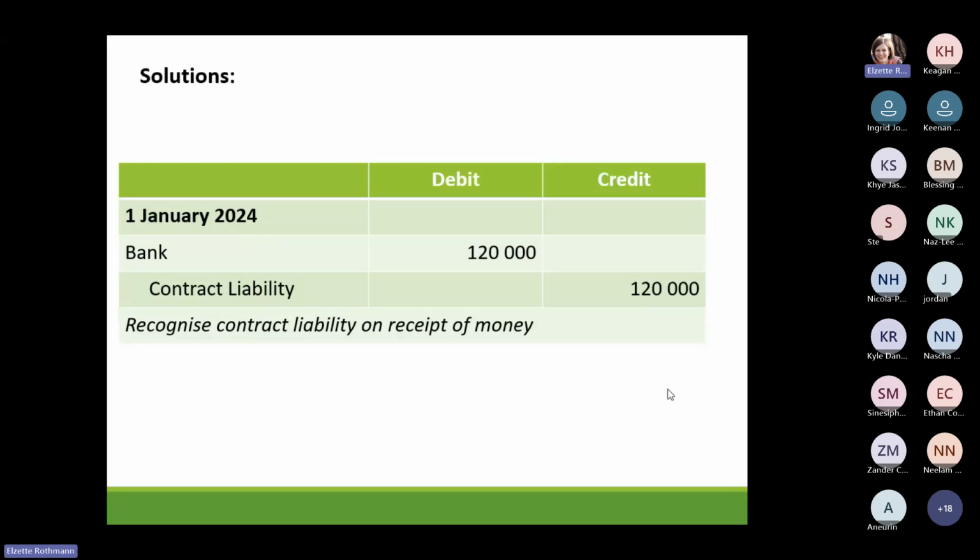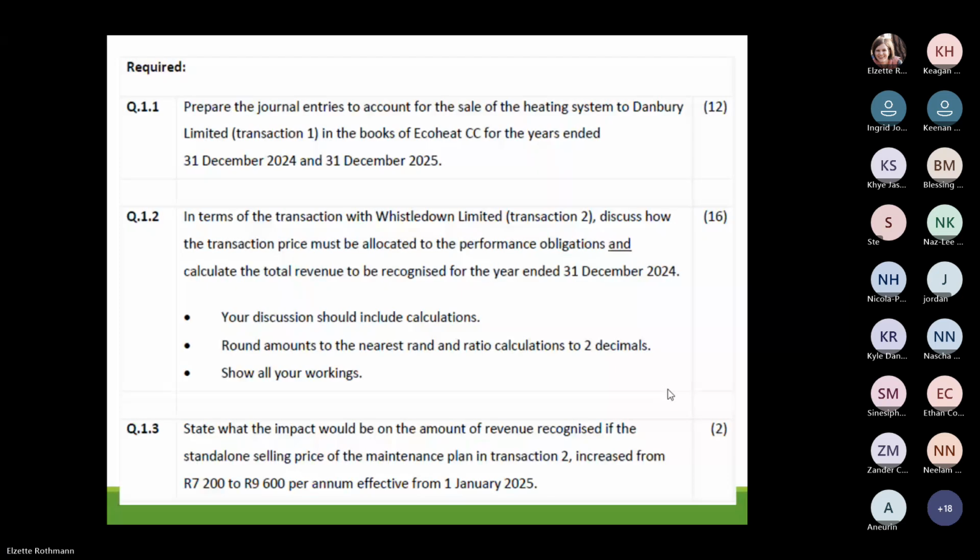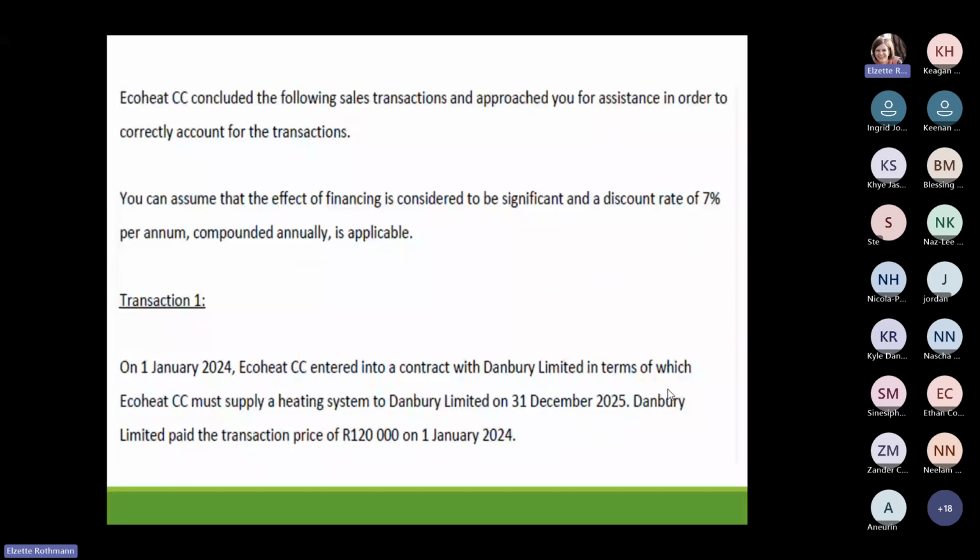And you'll see if we go back to the question, just above transaction 1, they tell us that you can assume that the effect of financing is considered to be significant and a discount rate of 7% is applicable. So this 7% is what we will use to charge interest.